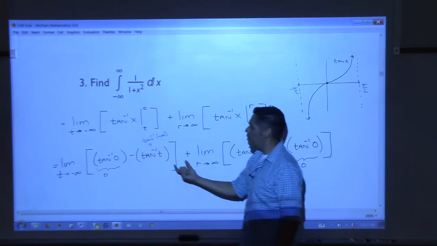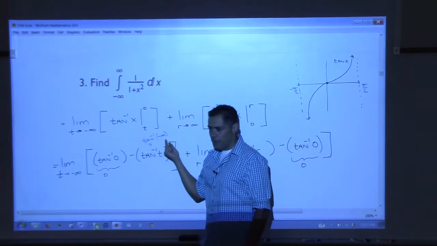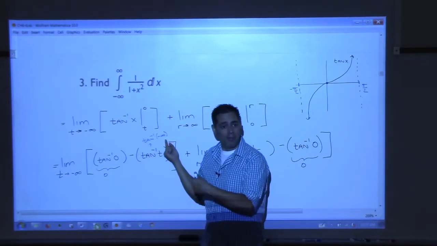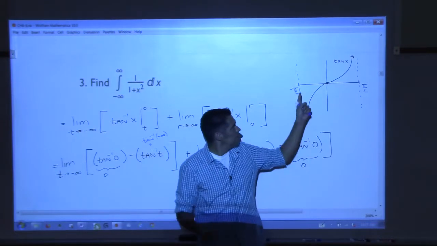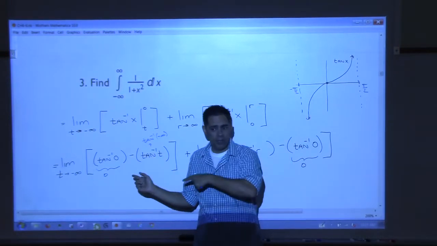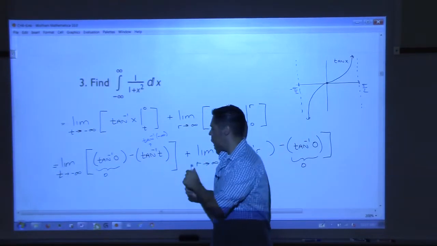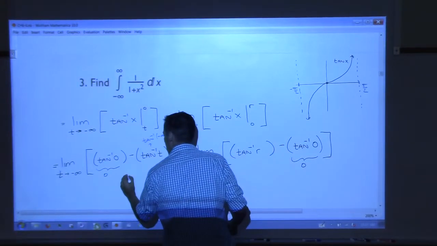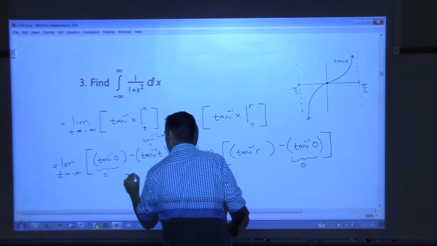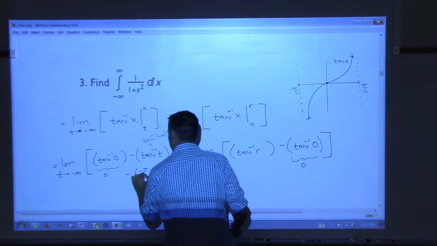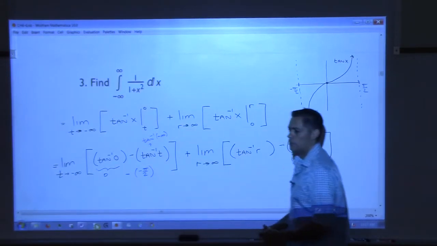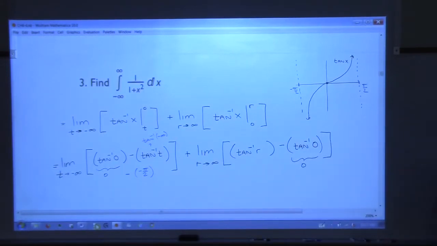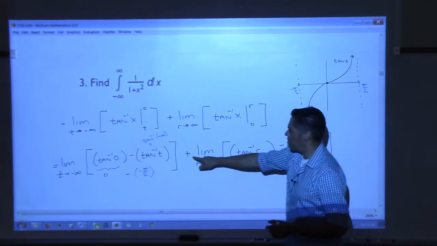So the inverse tangent of negative infinity is negative pi over 2. Yes or no? Oh, yeah. Okay, so this is going to be minus negative pi over 2. And then we have here plus.